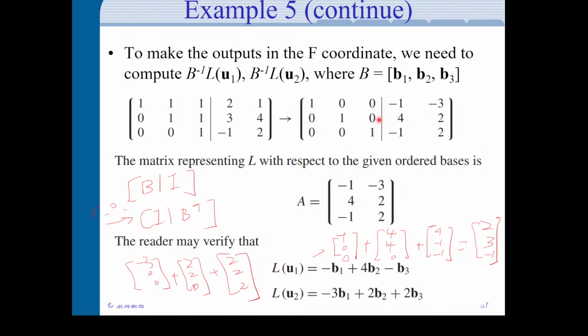Okay. And we can verify that this A actually works. So we want L of U1 equal to this A, the first column of A matrix, as a coefficient of B1, B2, B3. And L of U2 should have coordinate with respect to B being this minus 3, 2, 2.